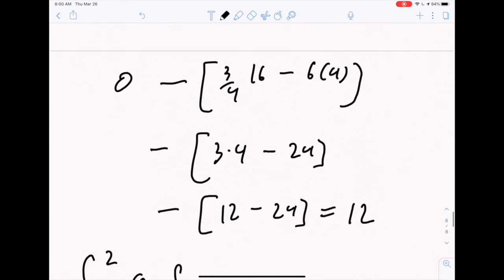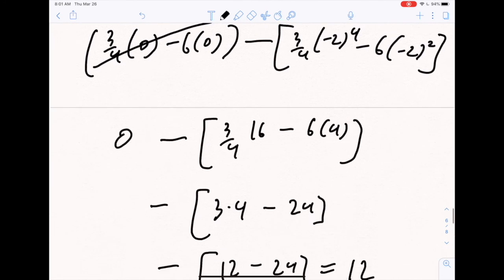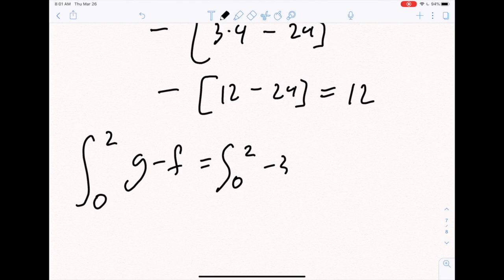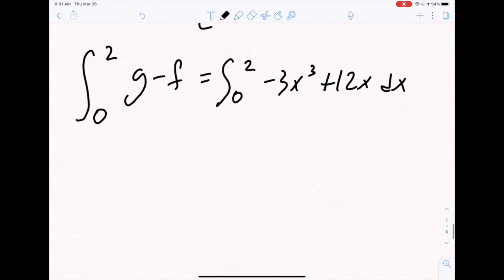Okay? So the value of g minus f is the integral from 0 to 2 of negative 3x cubed plus 12x dx. Okay? And again, that's because f minus g equals 3x cubed minus 12x.